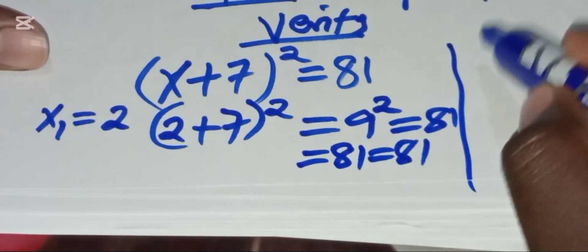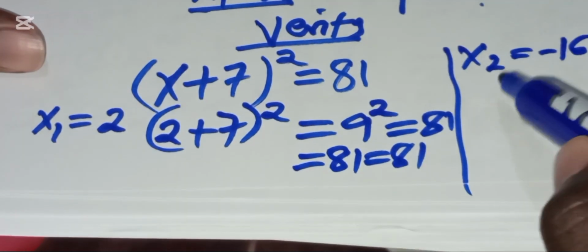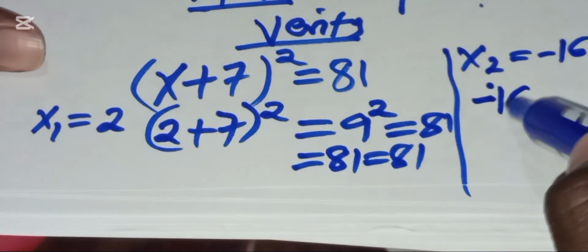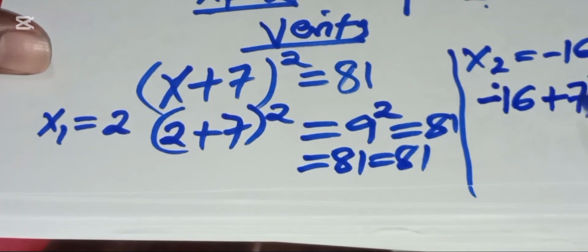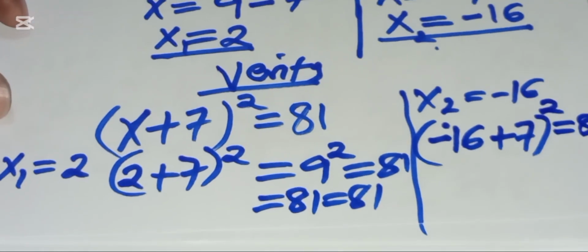For x2, which is equal to −16, if we substitute this back into the equation, we have (−16 + 7)², which is supposed to give us a value of 81.